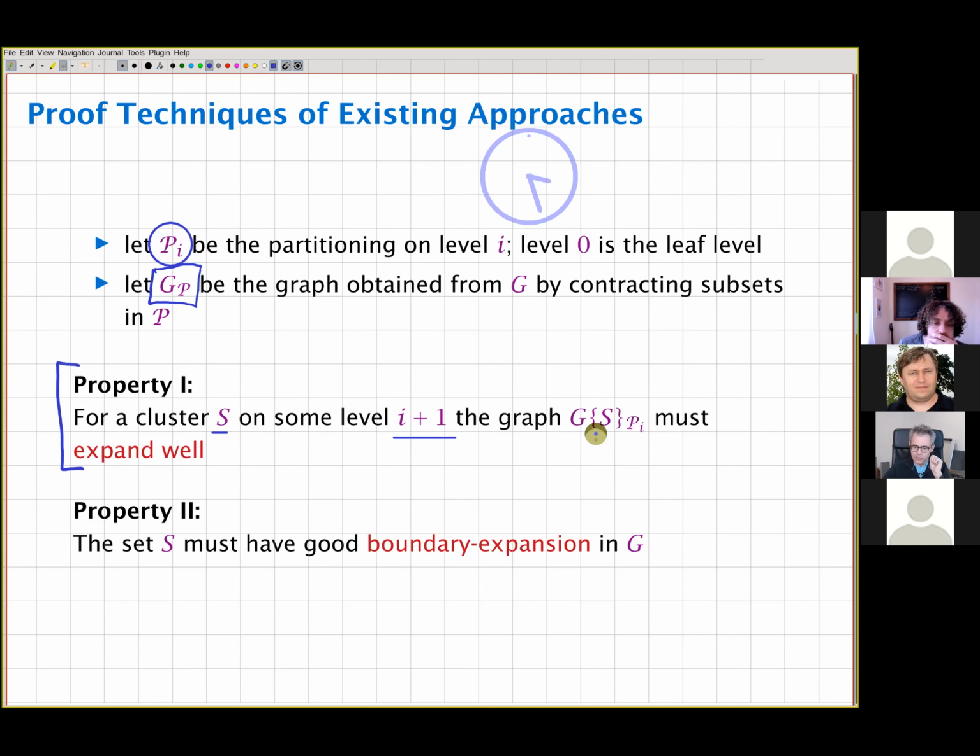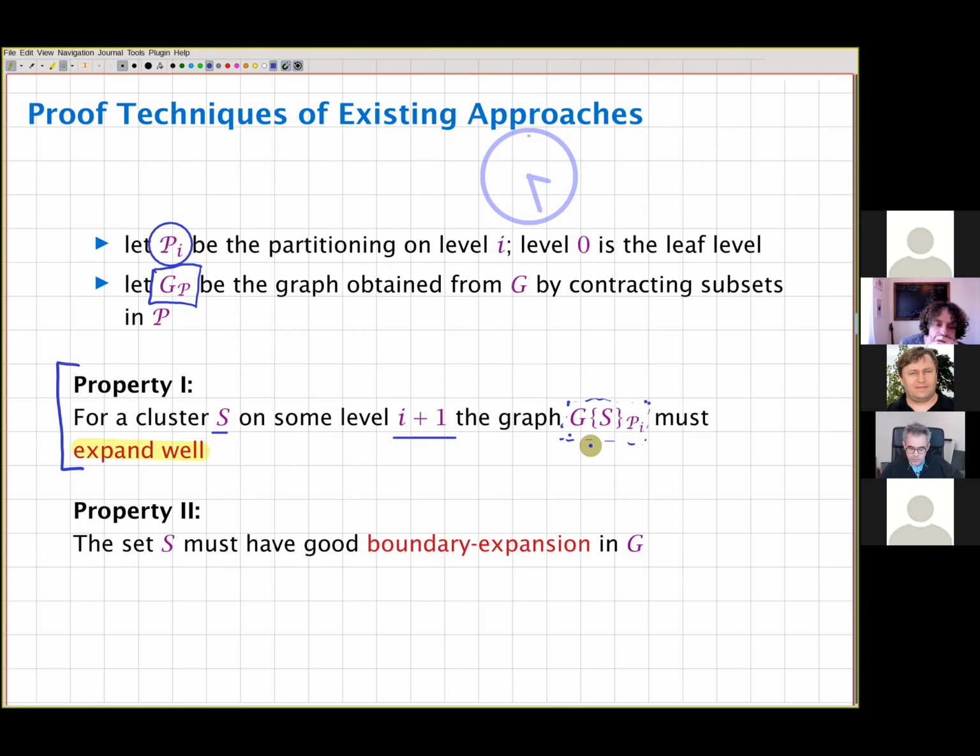I want to view this as an induced graph, something like the induced graph on S. So I take G of S, and then I contract all subsets that are one level down. These subsets are contracted, and this gives me some contracted graph, and I want that this graph expands well.